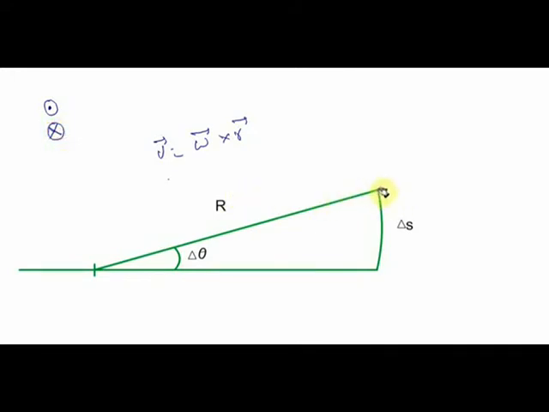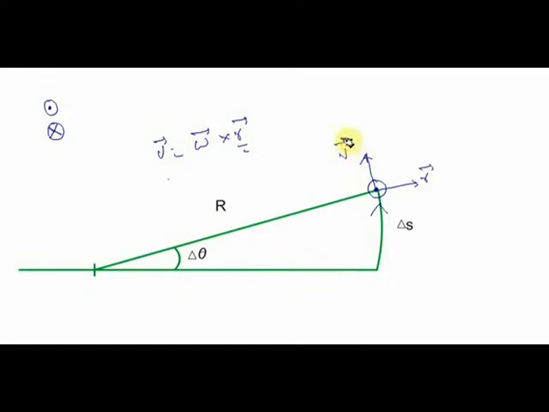Suppose at this point the object is moving in anti-clockwise direction, so the direction of omega would be this, and the direction of radius vector r would be radially outwards. So the direction of tangential velocity v would be perpendicular to both omega and r. So this is the direction of tangential velocity v.